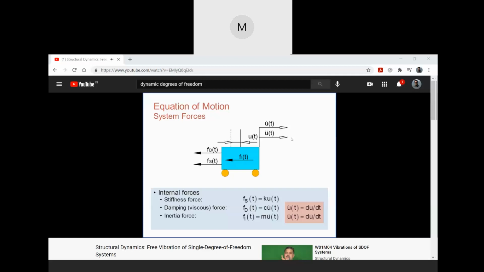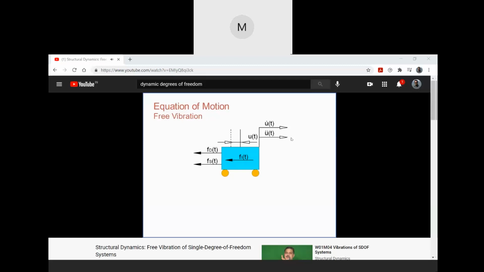The acceleration is denoted here as U double dot and is the derivative of the velocity with respect to time. In the case of free vibration, the external force is zero. We are now going to examine how the equation of motion is formed for the case of free vibration.